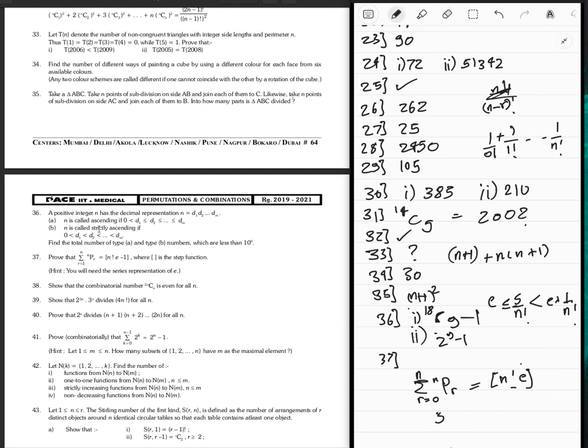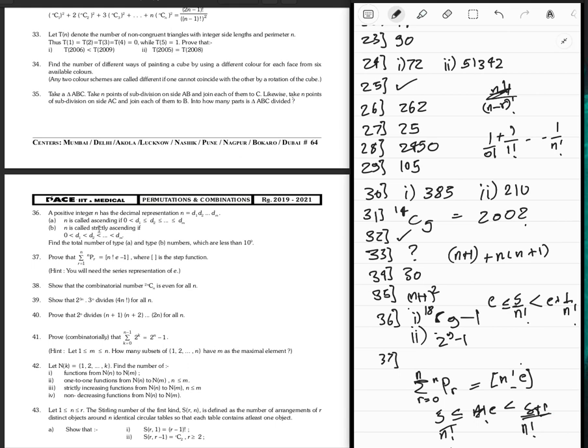So S is, yeah, this is what it should be. S is less than or equal to n factorial e, which is strictly less than S plus 1. So S upon n factorial is less than or equal to e. Yes, it is. And S plus 1 upon n factorial is actually bigger than e. Oh, okay.